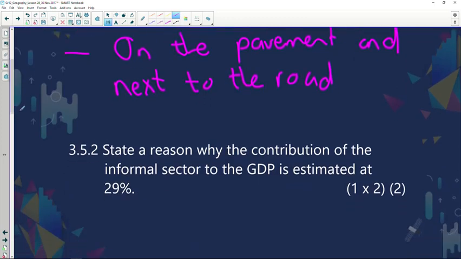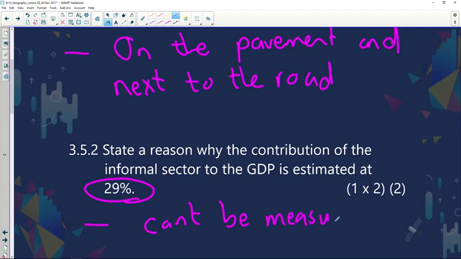Now, state the reason why the contribution of the informal sector to the GDP is estimated at 29%. Now, the reason for it is because it can't be measured. Because they don't pay tax. Not registered.